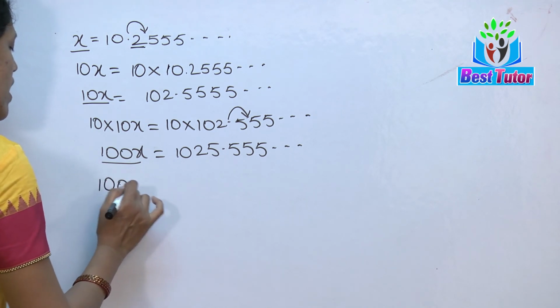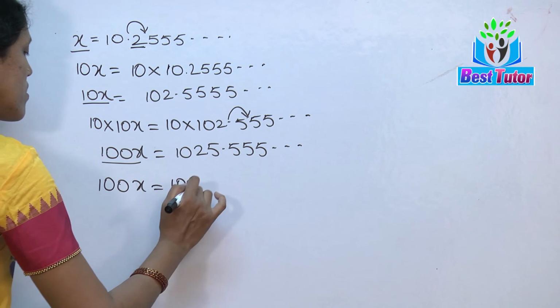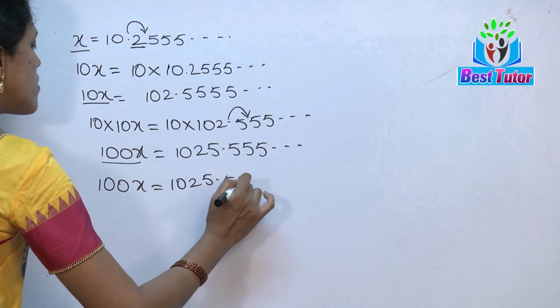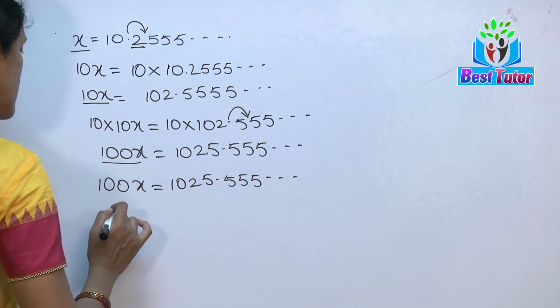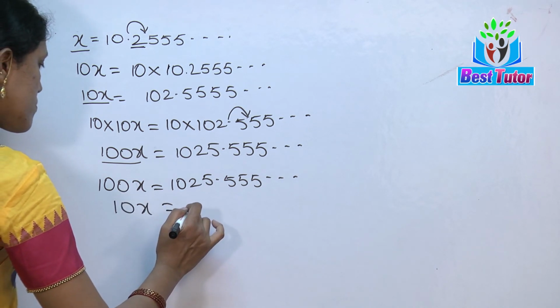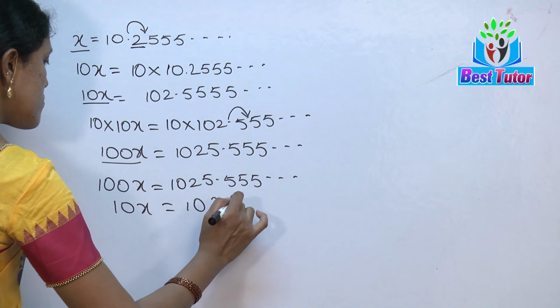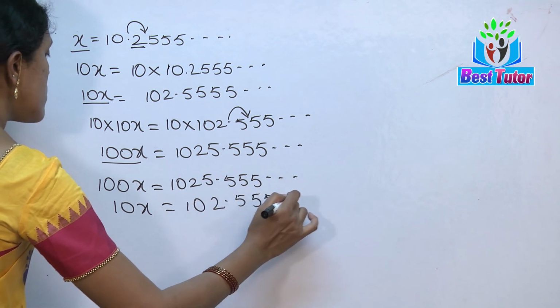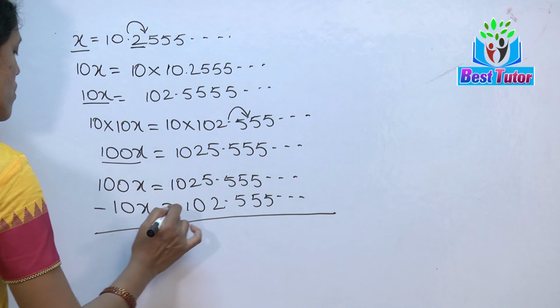So we will consider 100x and 10x and perform subtraction on either side.